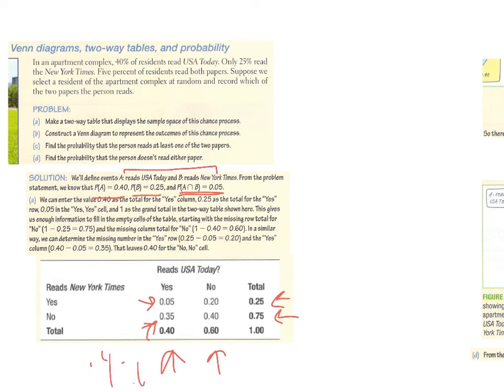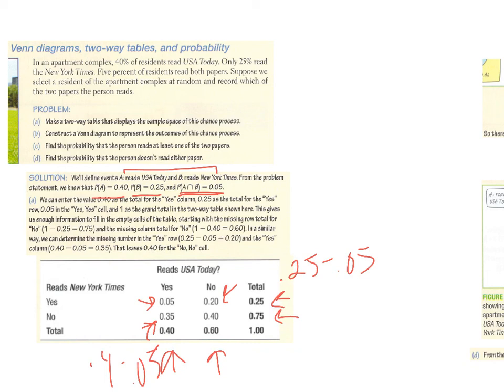0.4 minus 0.05. And so if 0.05 read both USA Today and the New York Times, and I know that 0.25 read the New York Times, I can subtract the 0.05 to get my 0.2 that only read the New York Times. They don't read USA Today.